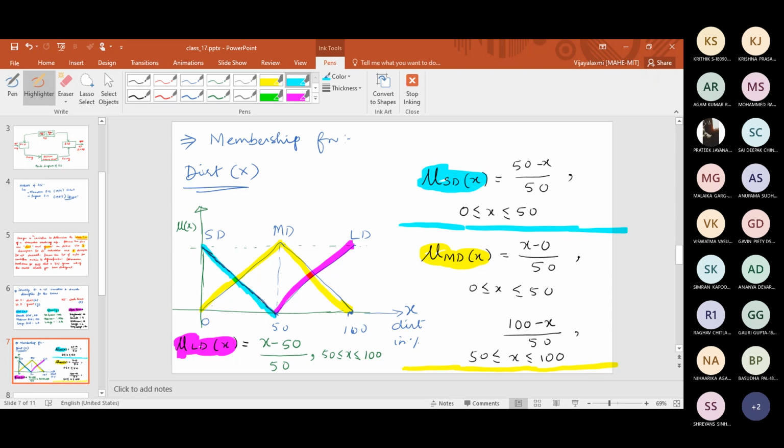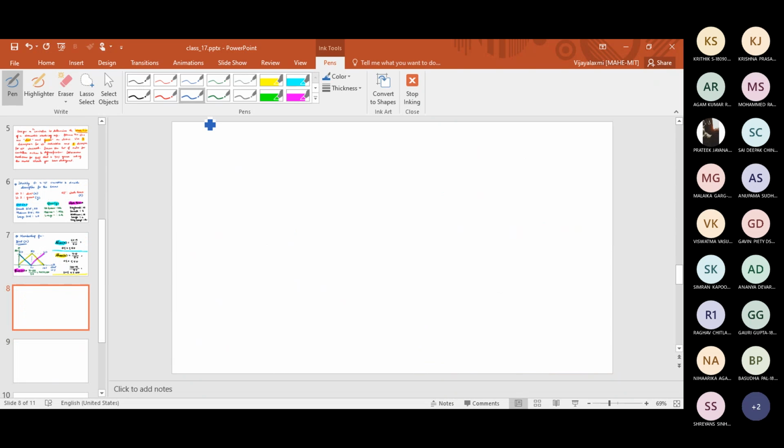Similarly, we have to write the membership function for the other input, grease, and even for the output. Now let me go to the next input, grease, and I'll write the membership function for grease. So that is y.